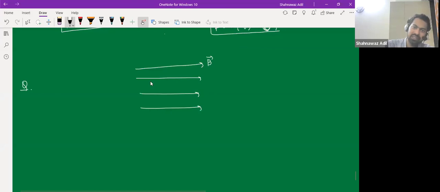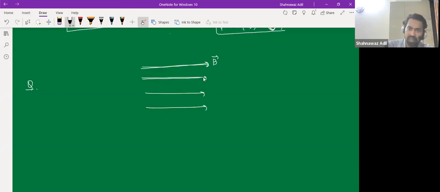This is the direction of magnetic field, and I put my wire in this direction. This is my wire, and the current is flowing in this direction. So L direction is this, and the magnetic field is also in the same direction.